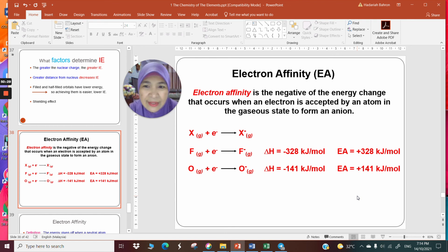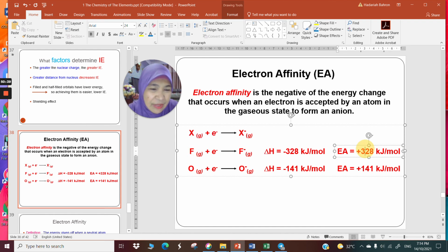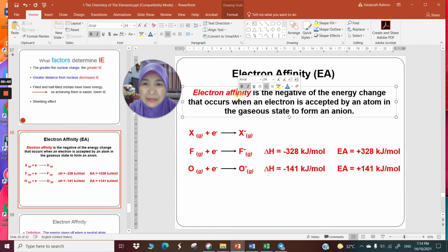The higher the electron affinity, the more that element likes electrons. For example, fluorine really loves electrons because it has very high electron affinity. Affin means love, the love for electron.